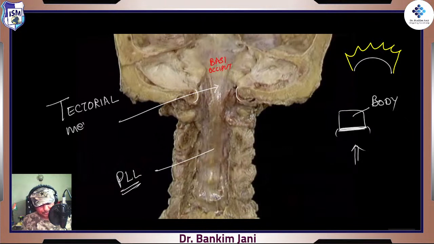So if someone asks, no need to worry at all. The tectorial membrane is nothing but those posterior longitudinal ligament fibers, the highest part, which starts from the basi-occiput. That's it. So this is the PLL, the posterior longitudinal ligament. Set.